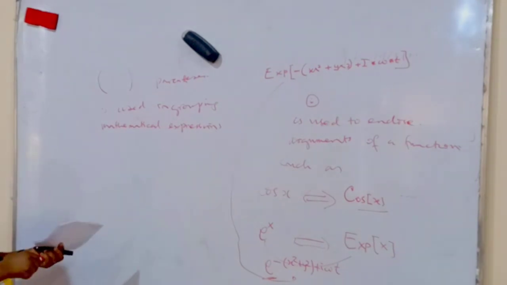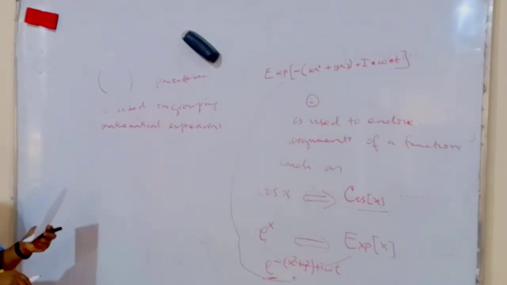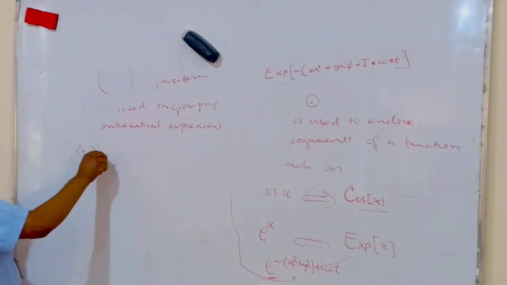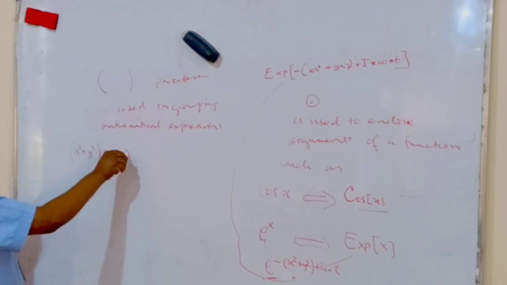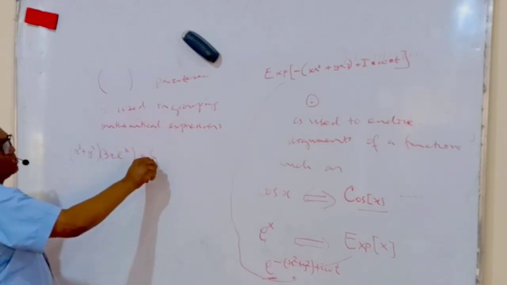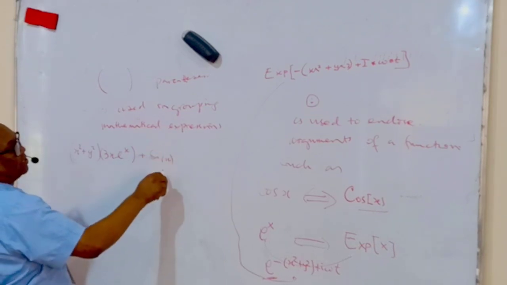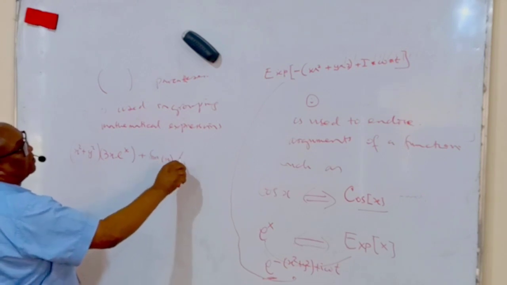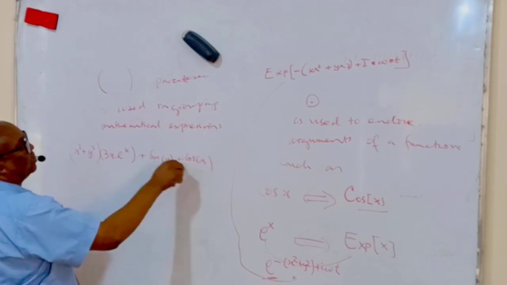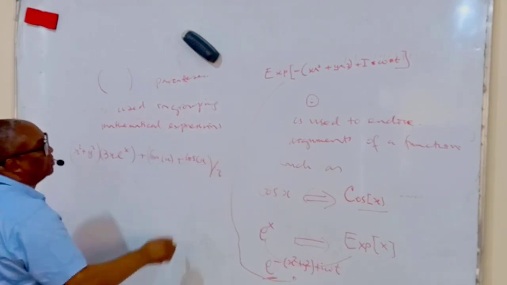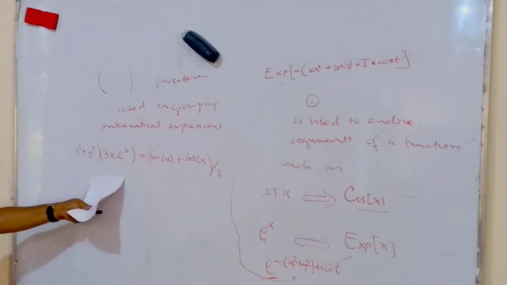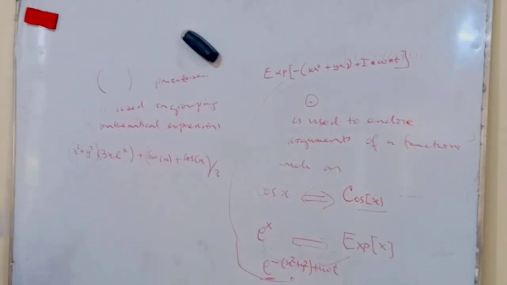For example, I want to have, say, x squared plus y squared multiplied by 3x e to the x plus sine x, for instance, divided by, okay, sine of cos x divided by 3. You see how it is? This times this. So that is why we use the grouping.